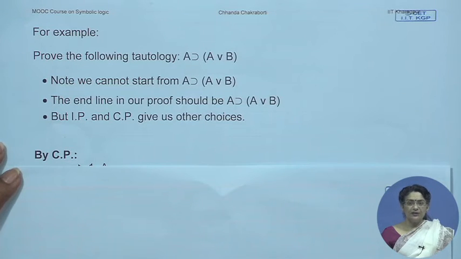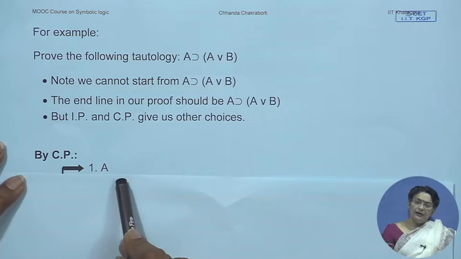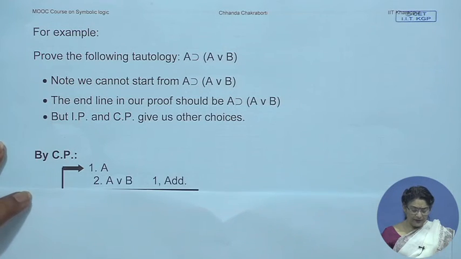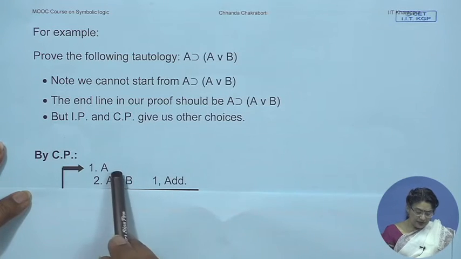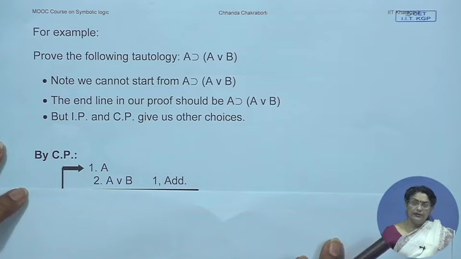The obvious logical choice in your head should be what? That we start with A, right? And if we can derive A wedge B from that, then by CP we are going to get back A horseshoe, A wedge B. Now, from A, deriving A wedge B is just child's play, you know already, that is by addition. So, you assumed A, you derived A wedge B by one addition.